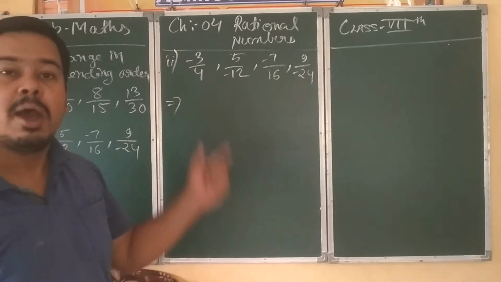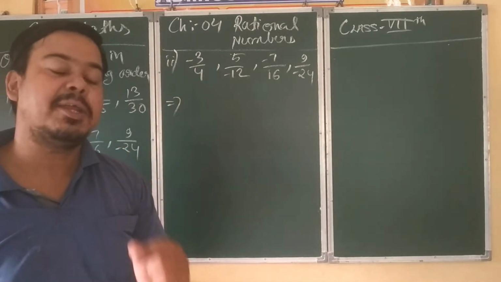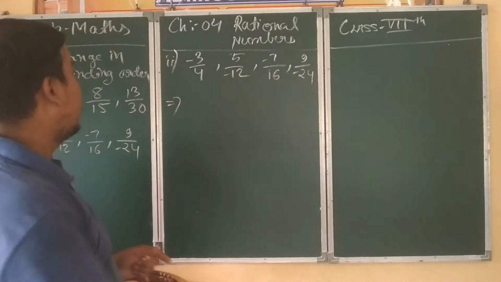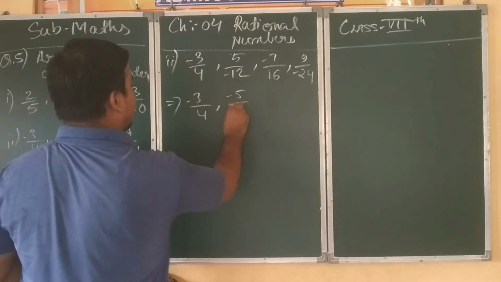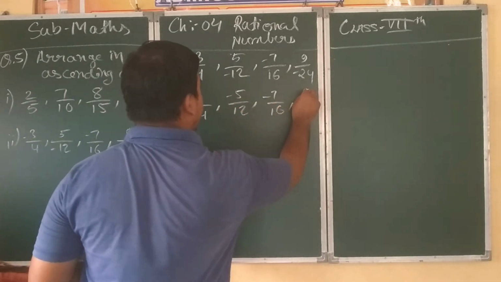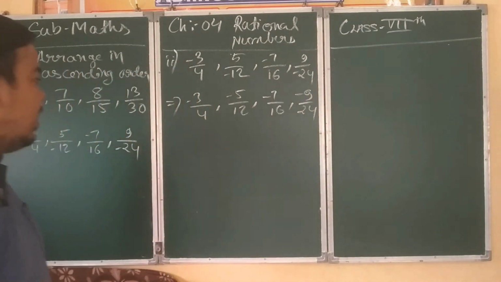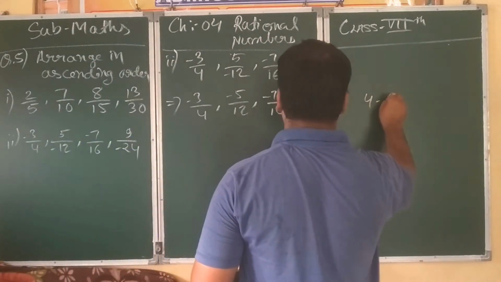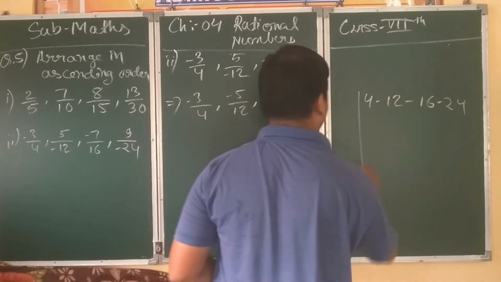You multiply both numerator and denominator by minus 1. So minus 3 by 4, then minus 5 by 12, then minus 7 by 16, then minus 9 by 24.